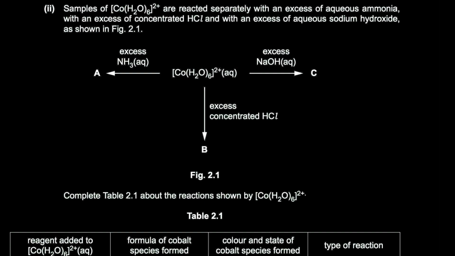Samples of cobalt-2 hexaaqua, [Co(H2O)6]2+, are reacted separately with an excess of aqueous ammonia, with an excess of concentrated HCl, and with an excess of aqueous sodium hydroxide as shown in figure 2.1. Complete table 2.1 about the reactions shown by this complex ion.